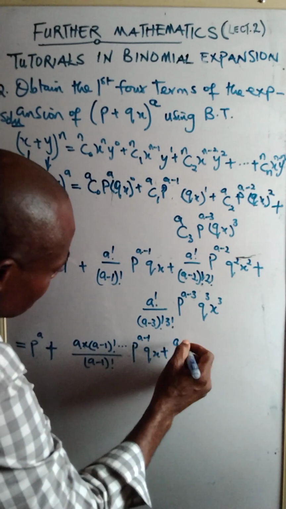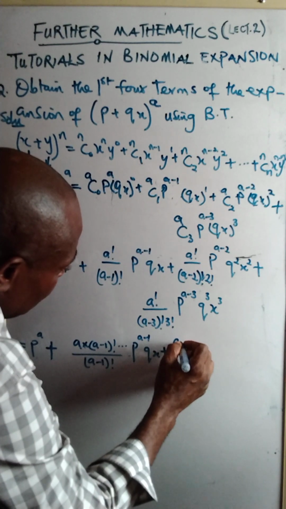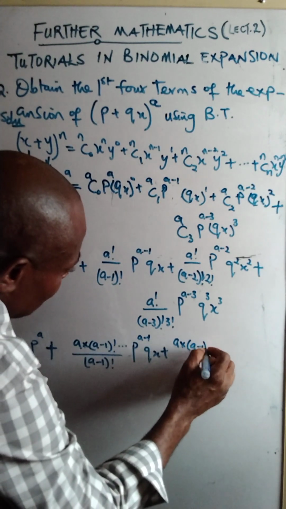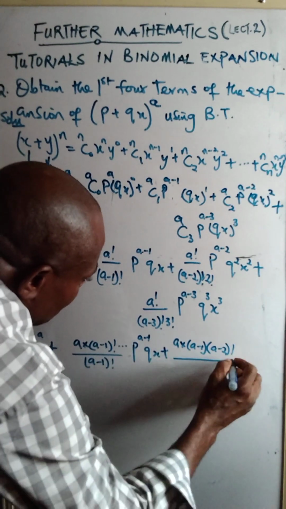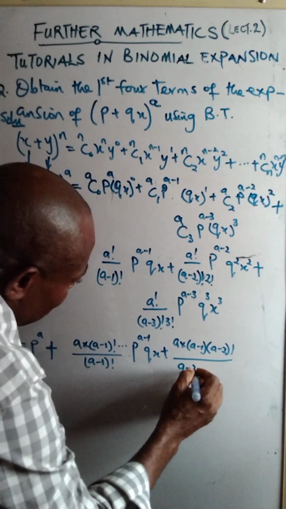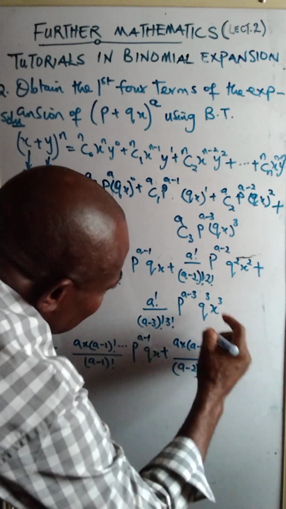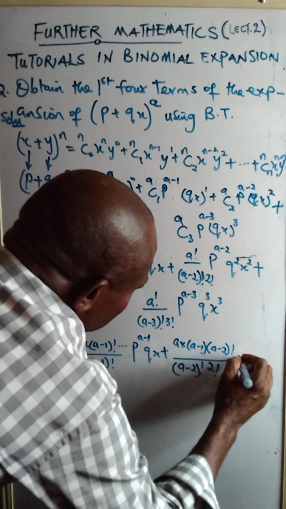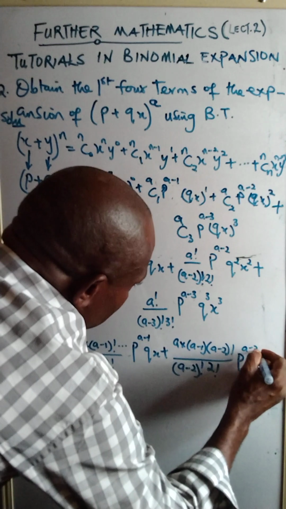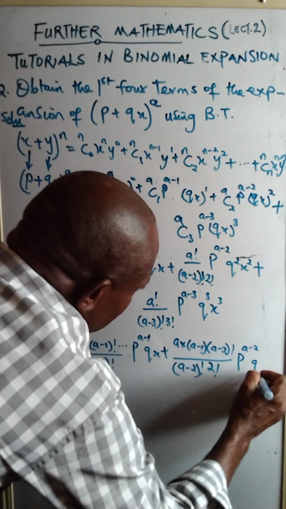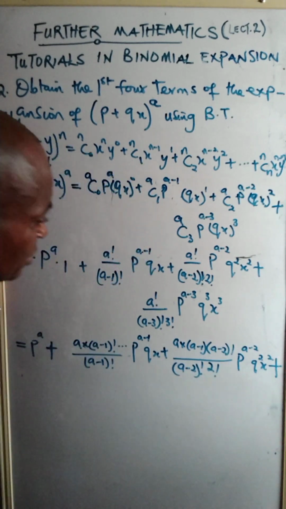Then you have this one as a times a minus 1 into a minus 2 factorial, and then you have a minus 2 factorial, we have 2 factorial, and then the next term that follows will be p raised to power a minus 2, then you have q squared x squared, all plus.